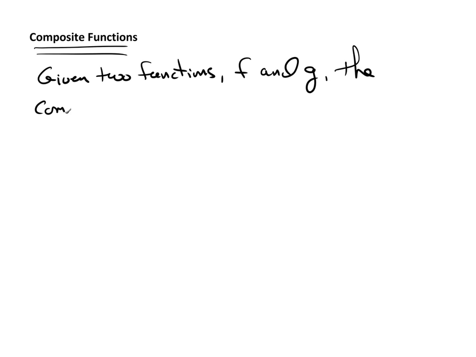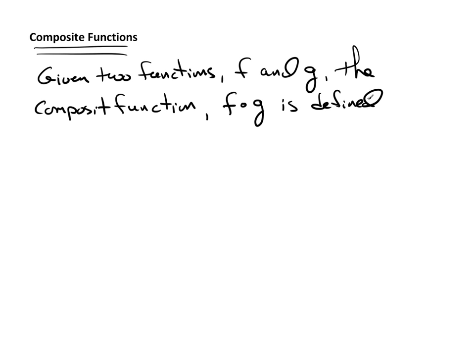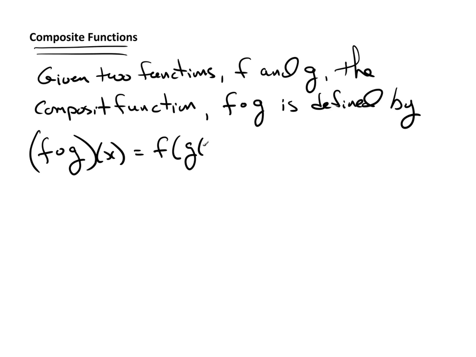The composite function, which is denoted f, we put a little circle here, g, f composed of g, is defined by, we'll say, f composed of g of x is equal to f of g of x. So this function f is actually made up of g of x.